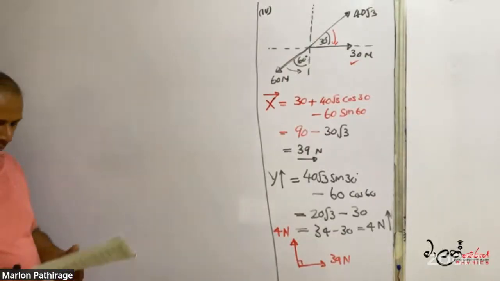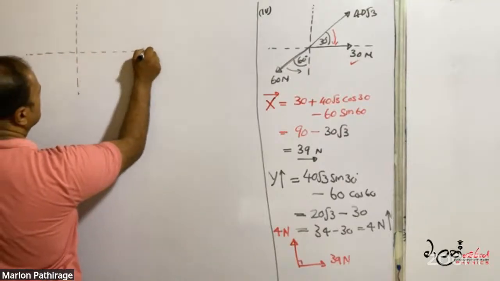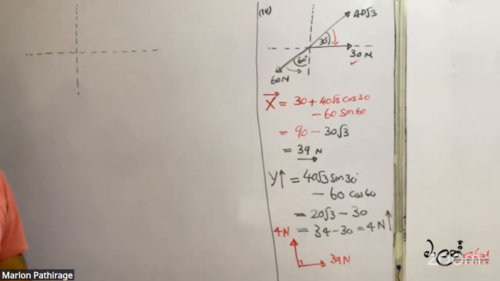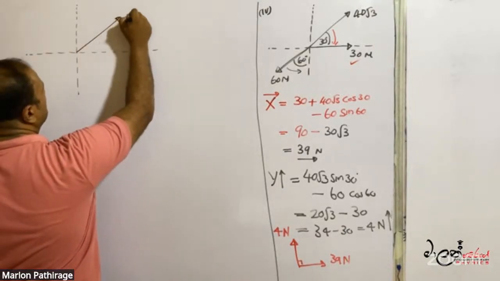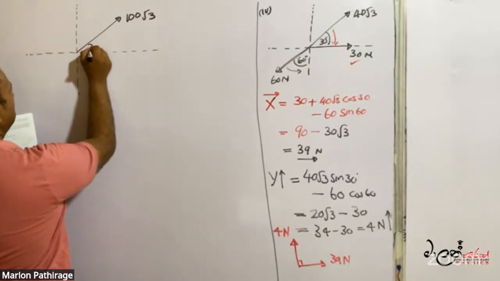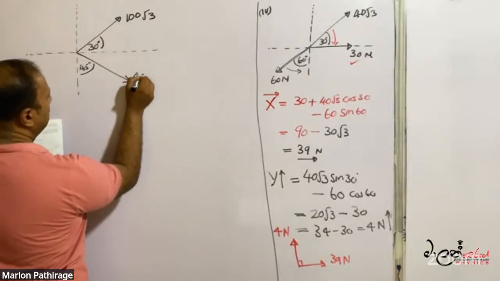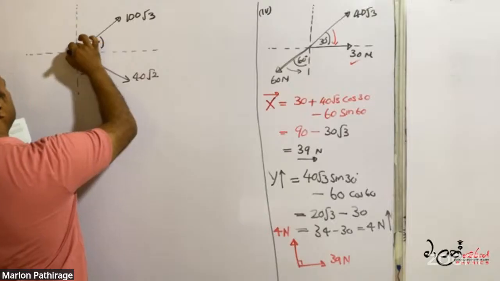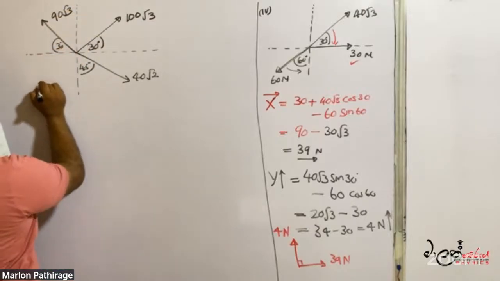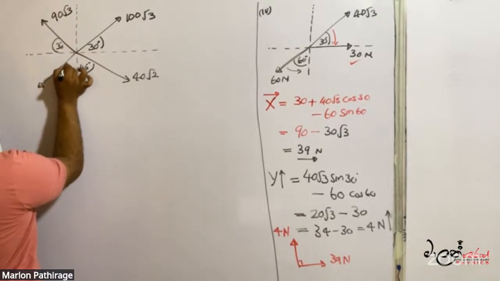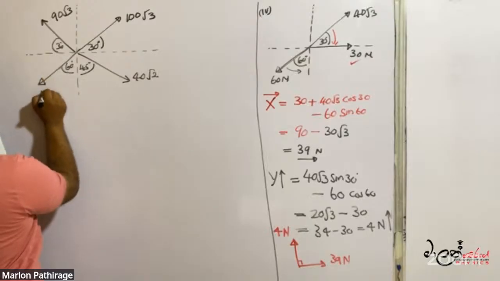Fifth one. 100 root 3, 30, 45, 40 root 2, 90 root 3, this one is 30, 60, 100.